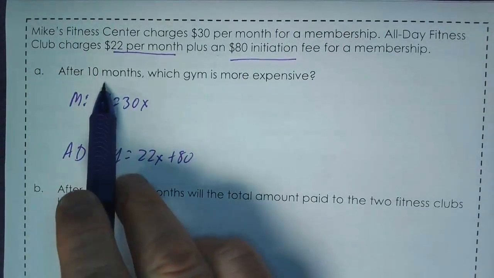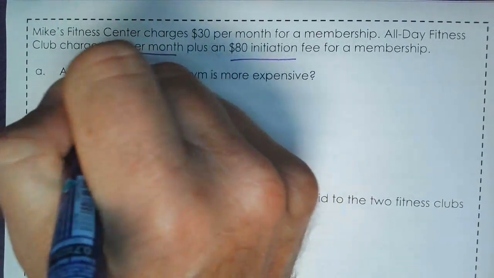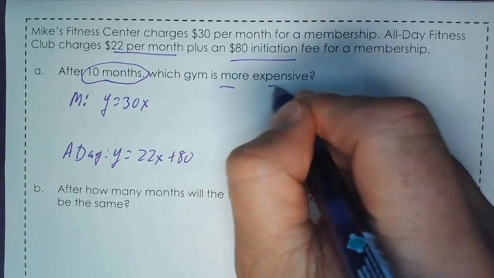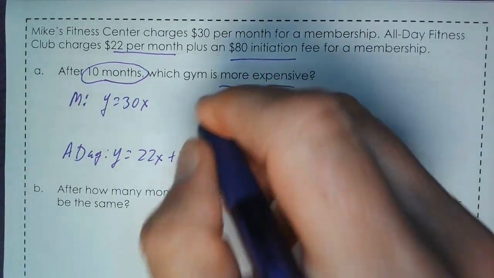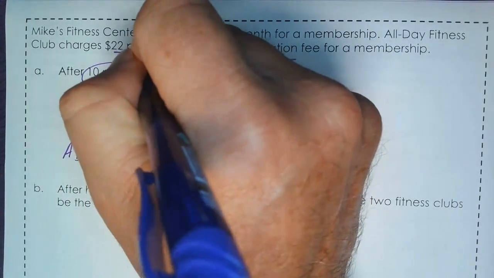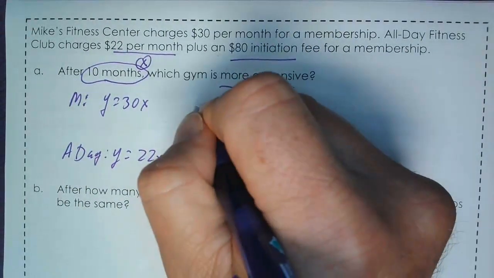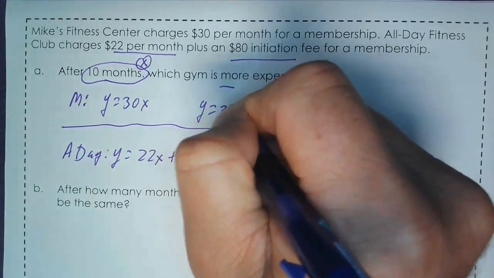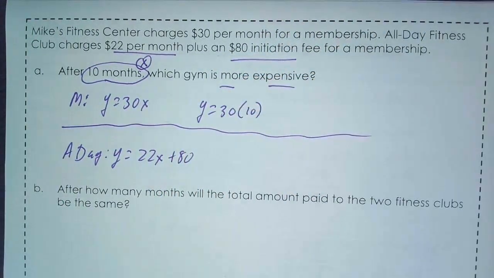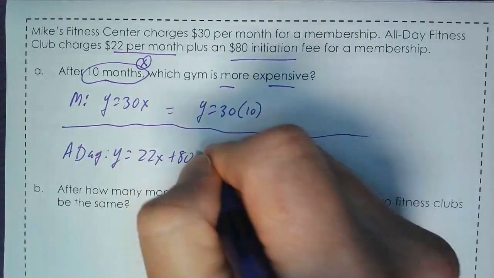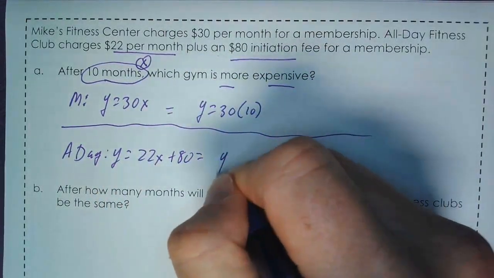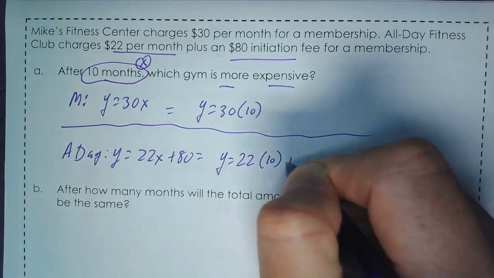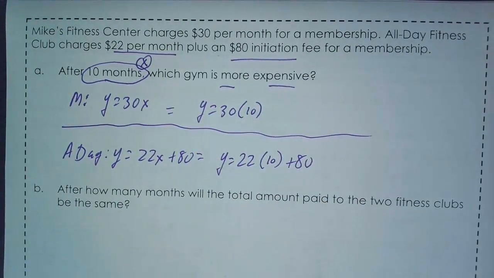Let's see what the question says. After 10 months, which gym is more expensive? So let's plug in, 10 months is represented by x. I'm going to go ahead and divide these up. Put a 10 in for that company. And then let's put a 10 in for that company.